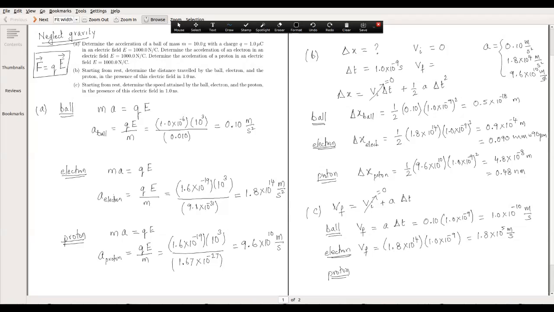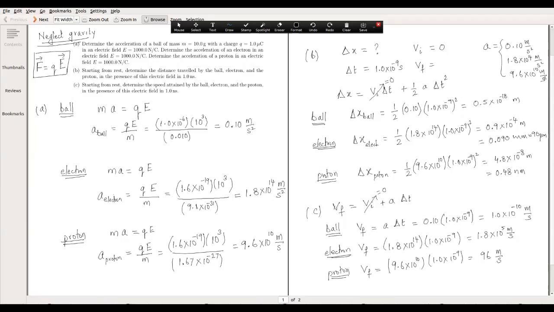For the proton, repeat the same idea, except now it is 9.6 into 10 raised to 10, on the order of the time scale. So it's 96 meters per second, about 192 miles per hour, which is of the order of the speeds at a speedway.